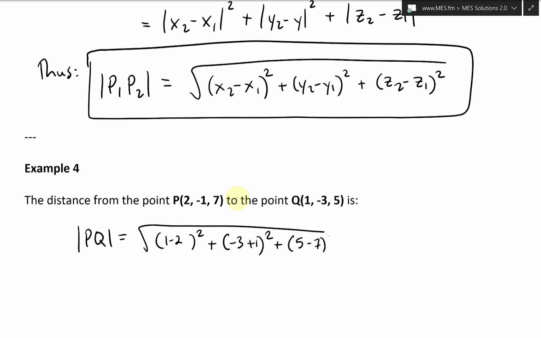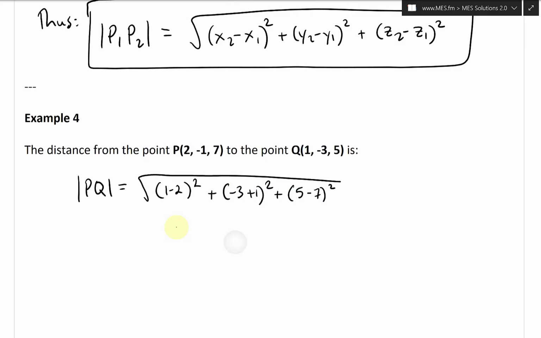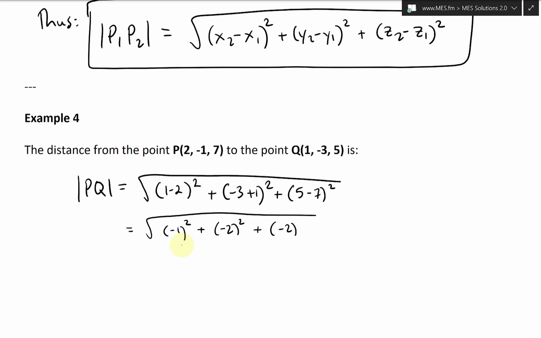5 minus 7 squared. Now this equals the square root of, 1 minus 2 is -1, but you're squaring it, and it's always going to be positive. So 1 squared, plus -3 plus 2, or just for completeness I'm going to keep this in, -1 squared, plus -3 plus 1 is -2 squared, and then plus 5 minus 7, -2 squared.